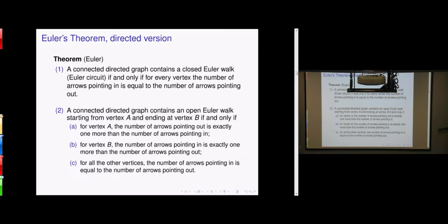For the other vertices, the number of arrows pointing in is equal to the number of arrows pointing out. So it's balanced. If you have one arrow pointing in, you must have one arrow pointing out. So this is the theorem.